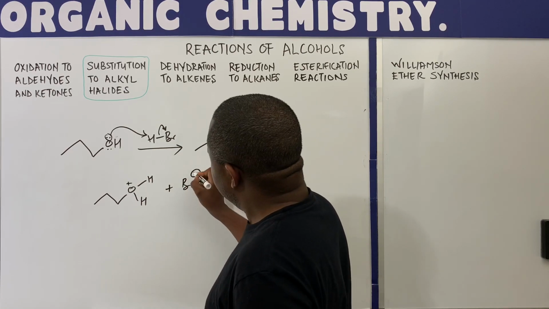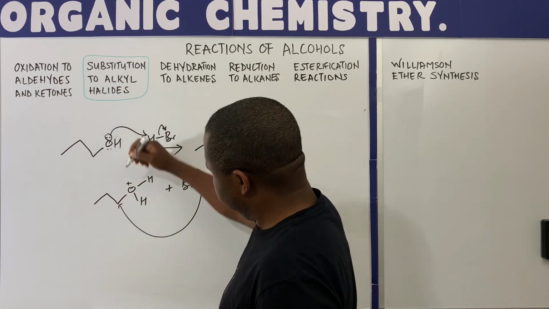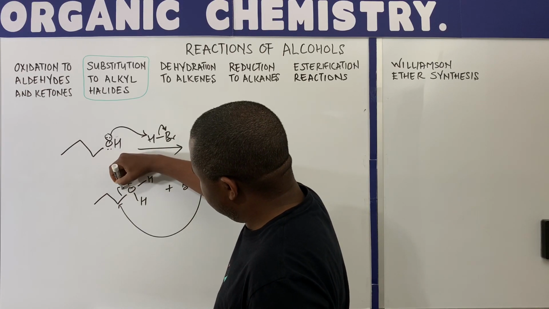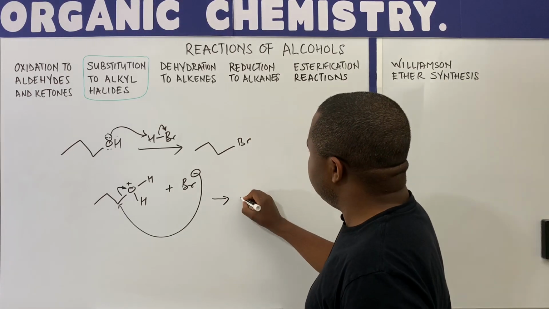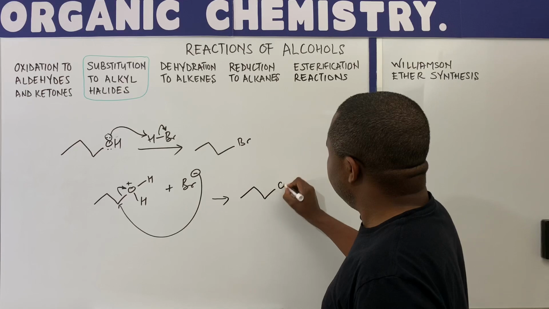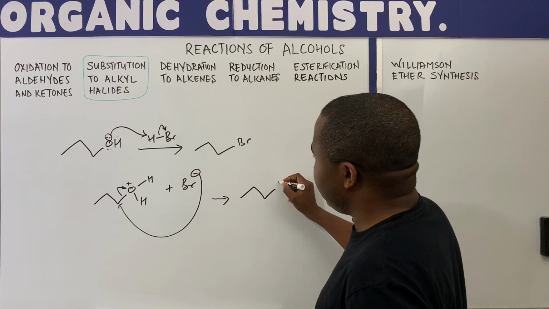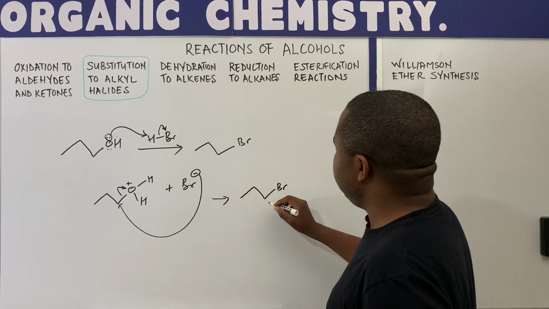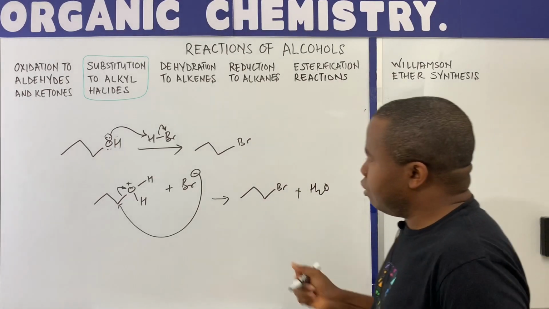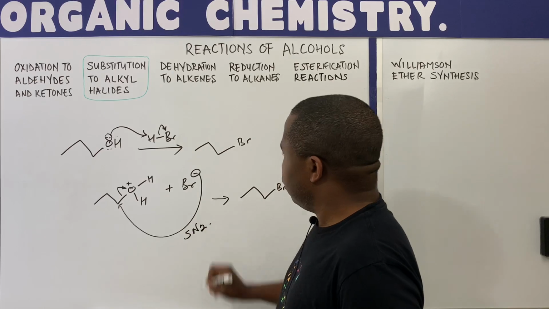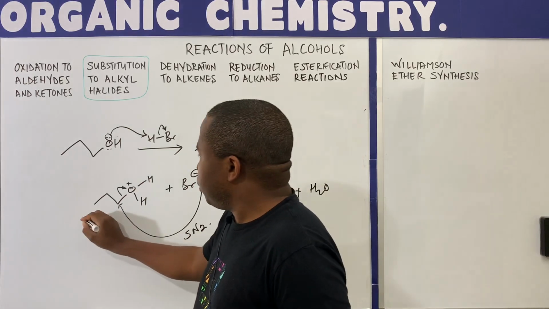But then the Br minus is going to come and attack this carbon, and at the same time the OH is leaving as a water molecule. So we're going to have this, our propyl bromide plus water in this case. So this is SN2 reaction, because we're starting with a primary.